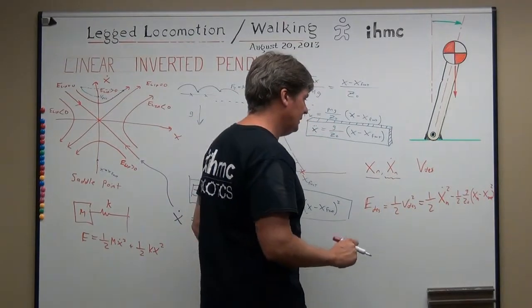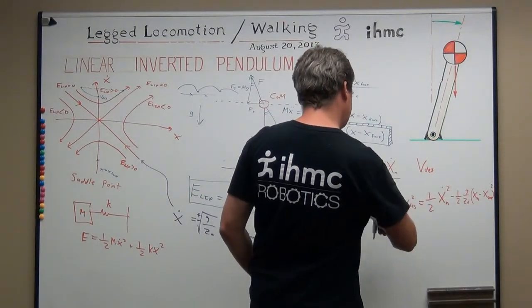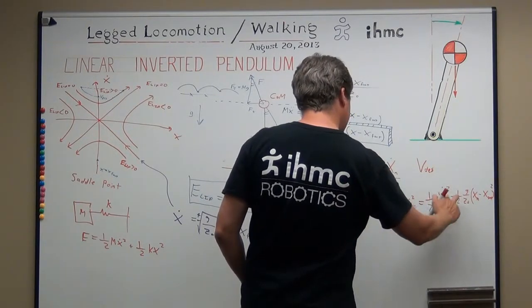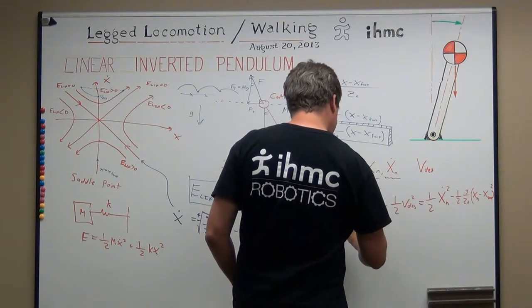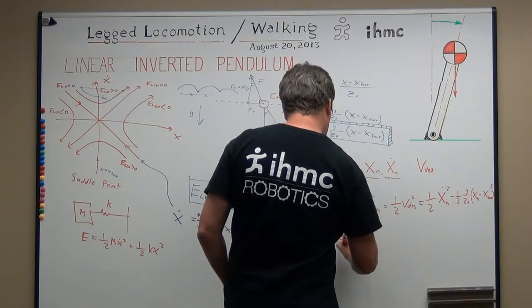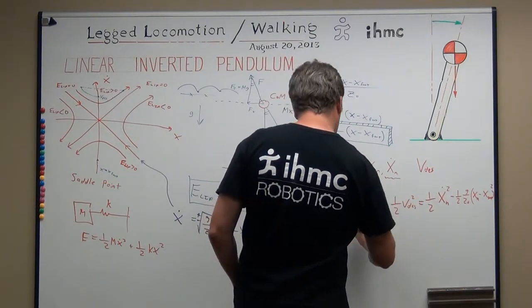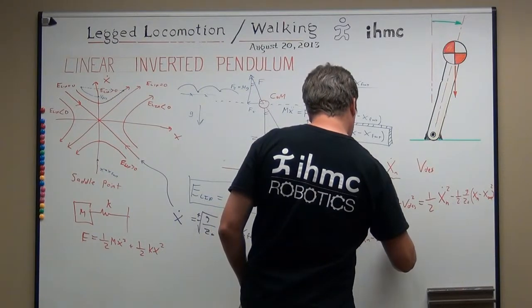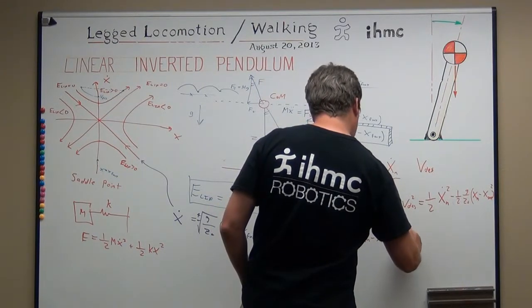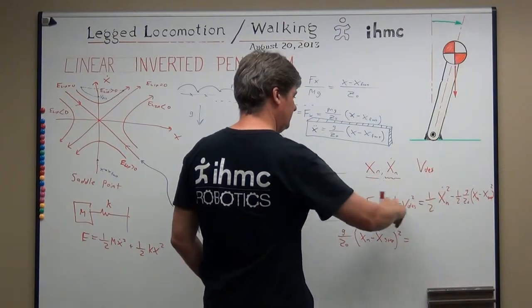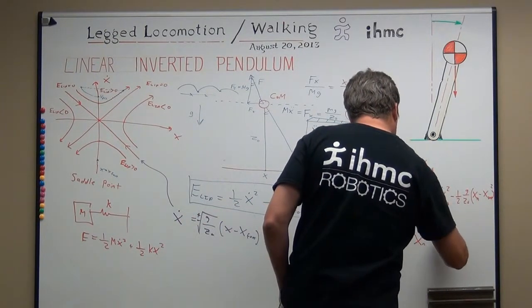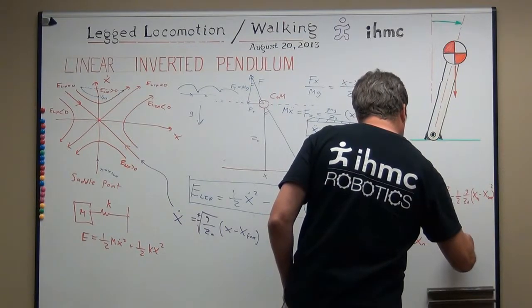So we can just do that. Let's see here. So put x n dot over here and get rid of the 1/2s. So g over z naught, xn minus x step squared is going to equal x dot n squared minus V desired squared.